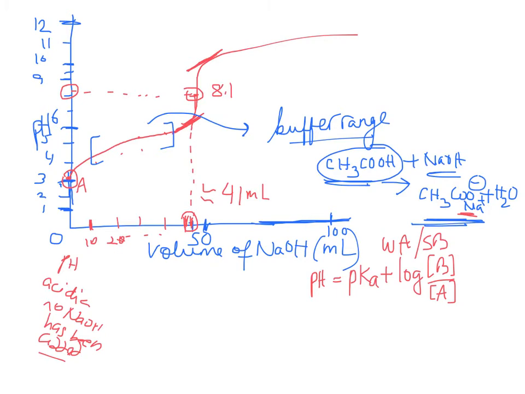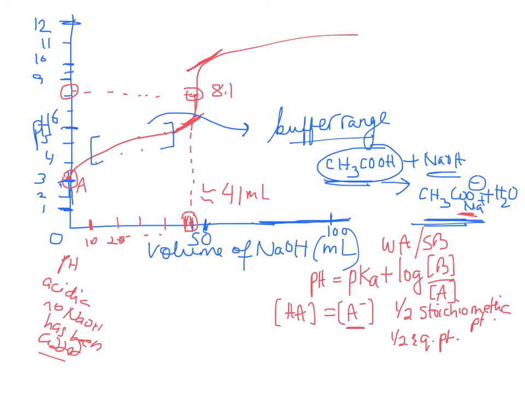And this is the point where the concentration of the weak acid and the corresponding conjugate base are equal. We call this the half stoichiometric point, sometimes also referred to as the half equivalence point.